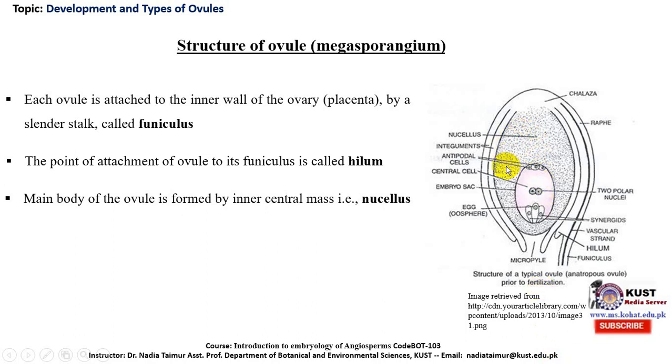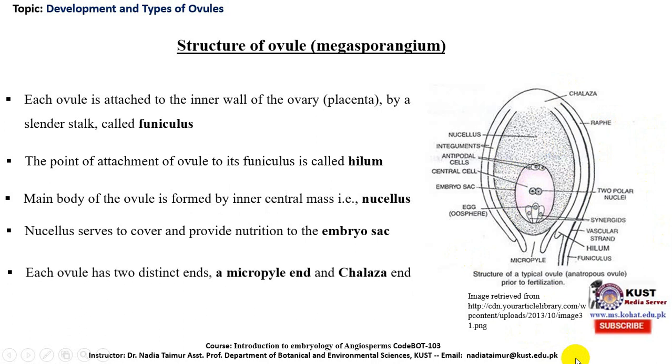The main body of the ovule is formed by the central mass of parenchymatous tissue, and this central mass of parenchymatous tissue is called the nucellus. The nucellus serves to cover and provide nutrition to this embryo sac.